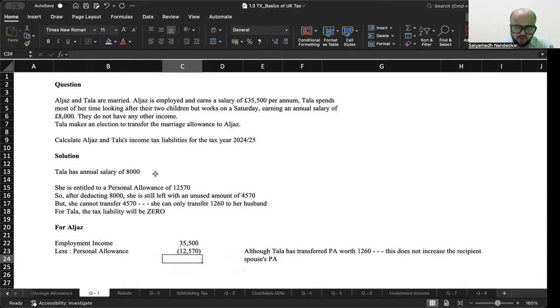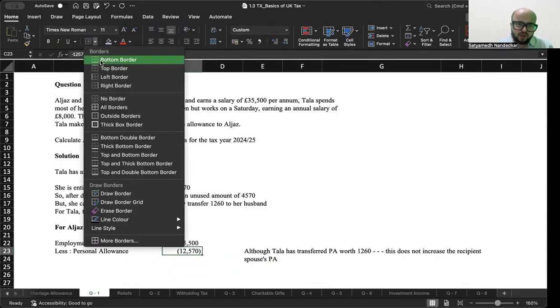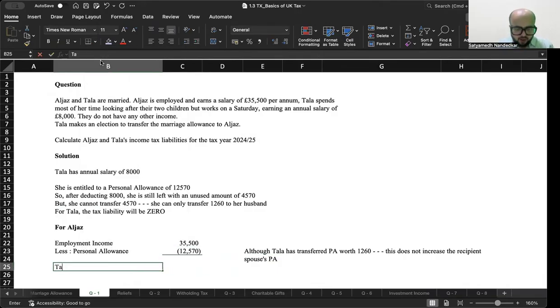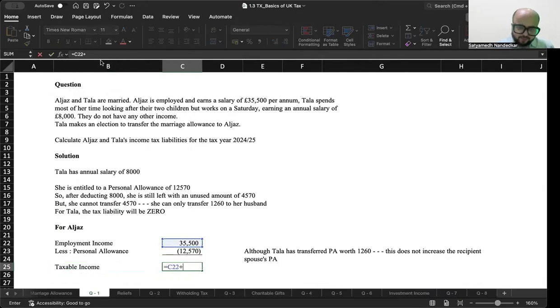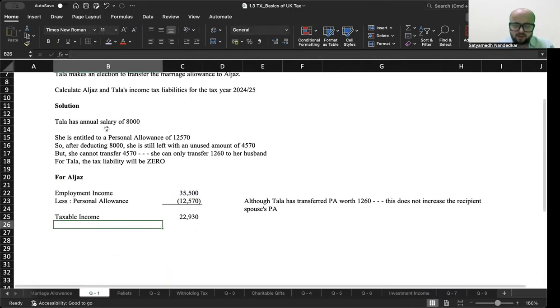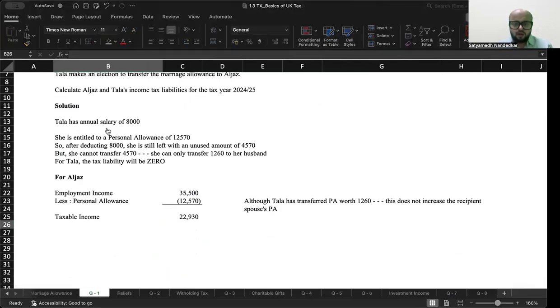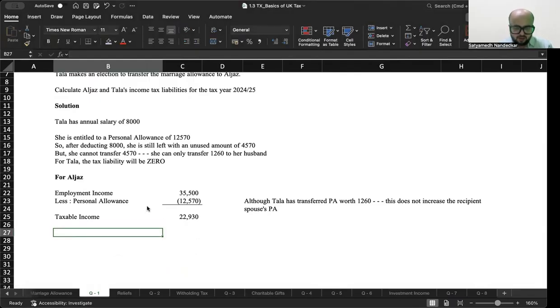Okay, so that remains 12,570 only. Now, what are you left with? You are left with how much taxable income? 22,930. Now, all of this is non-savings income, correct? So, the non-savings income will be taxed at 20%. Tax at the rate of 20%.